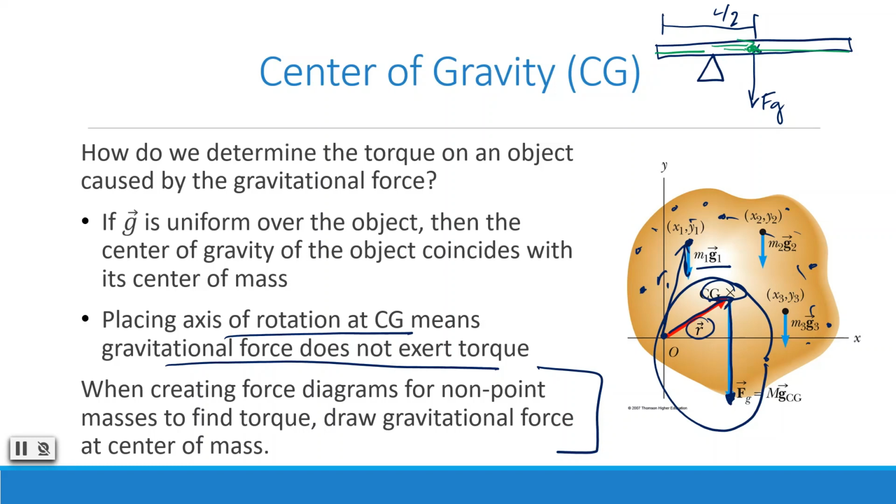Then I measure the torque based on the distance from the axis of rotation to that gravitational force. So something to keep in the back of your minds is that from now on we are going to draw one gravitational force, even if our object is long, and we're going to put it at the center of gravity, which if the object is uniform is the same as the center of mass.